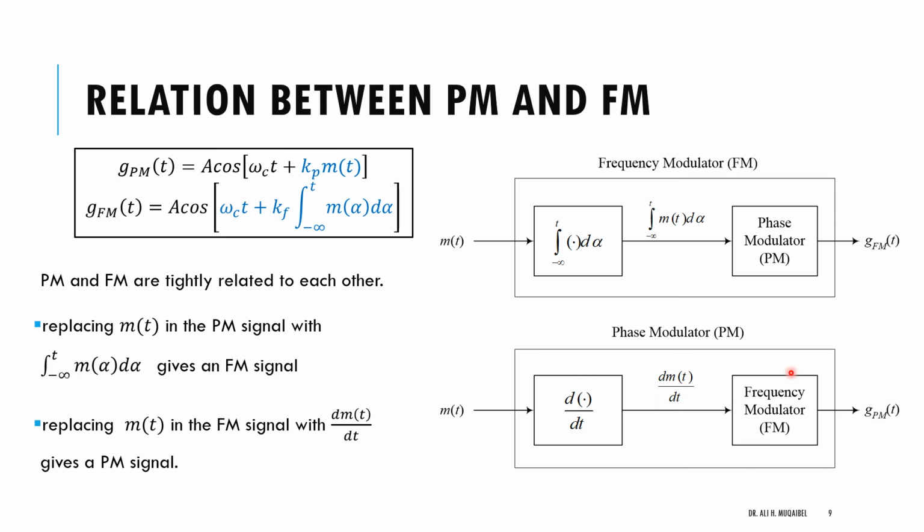Similarly, if you want to build a PM modulator, you can start with an FM modulator, but now we need to add the derivative because the integration is already inside the frequency modulator. The differentiation with the integration will cancel, and the message at the input will result in a phase modulated signal. Okay, so you should be able to manipulate phase and frequency modulators.